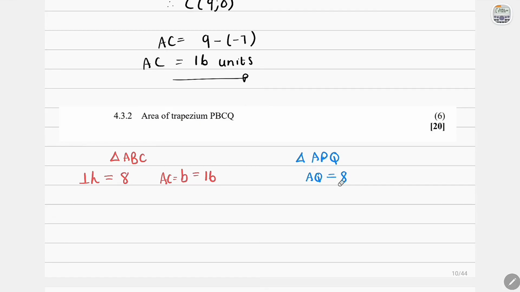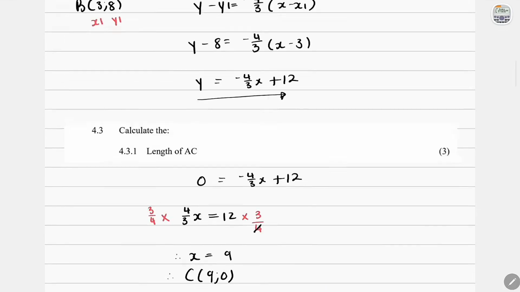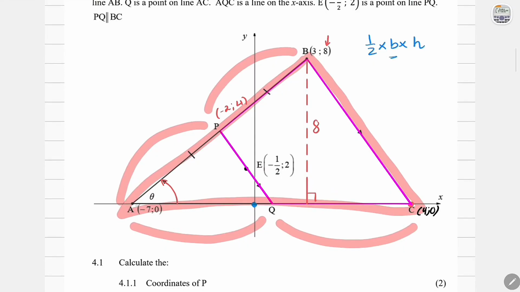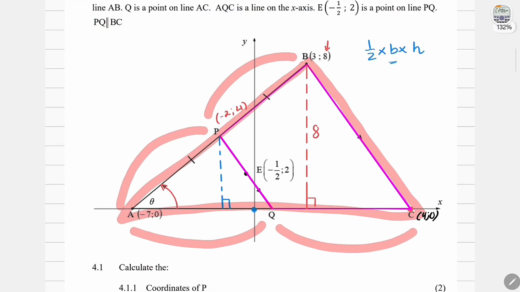Okay, so now that we have that down, what is the height of this triangle, of APQ? For the height of triangle APQ, you're going to have to go from the highest point of APQ down to the base and ensure that the line is perpendicular to the base. Now, funny enough, you can actually use the area rule here, the area rule you learned in trigonometry, 2D and 3D trig.